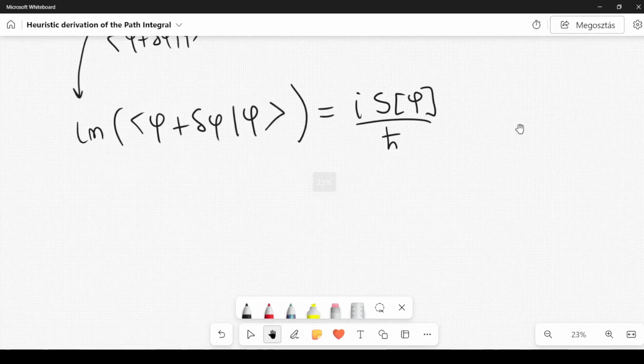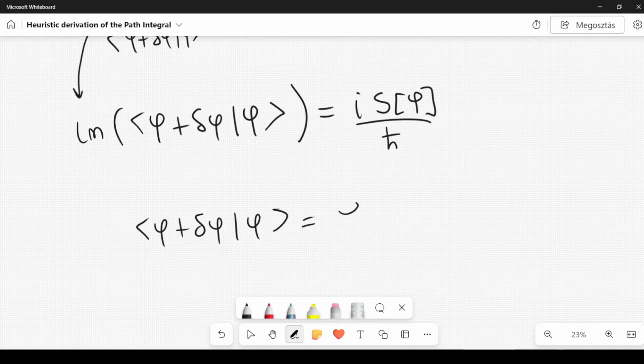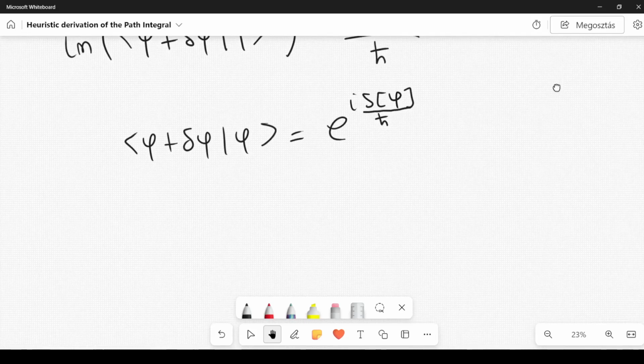And therefore, at this point, we can exponentiate it. We have the inner product of phi plus delta phi with phi equal to the exponential of iS of phi divided by h bar, where h bar is the quantum of action. The Planck constant can be thought of as a quantum of action because it has units of an action.